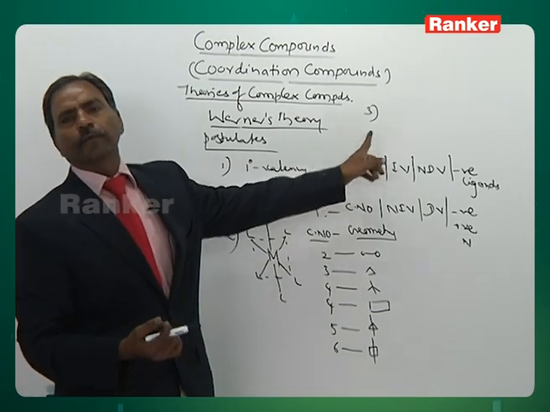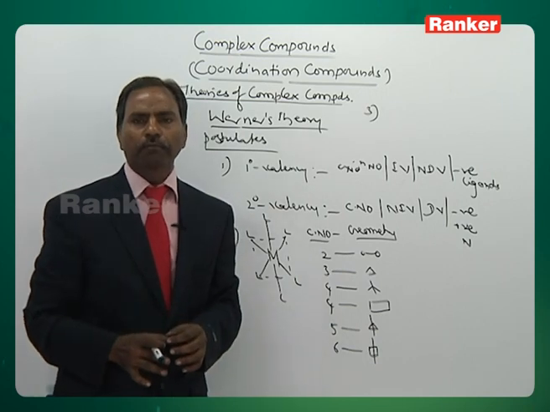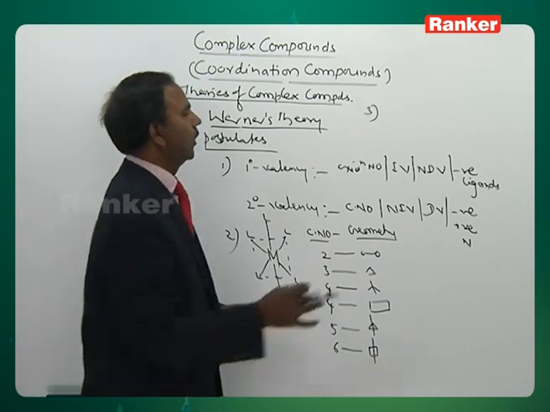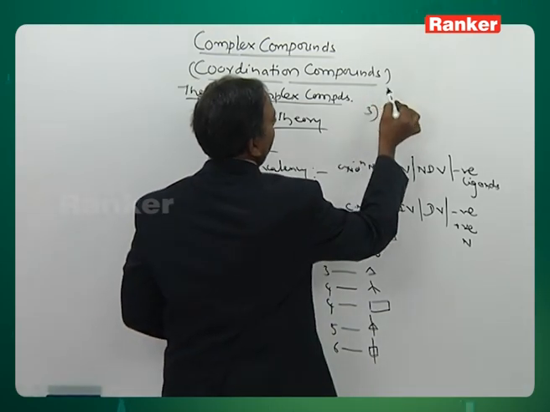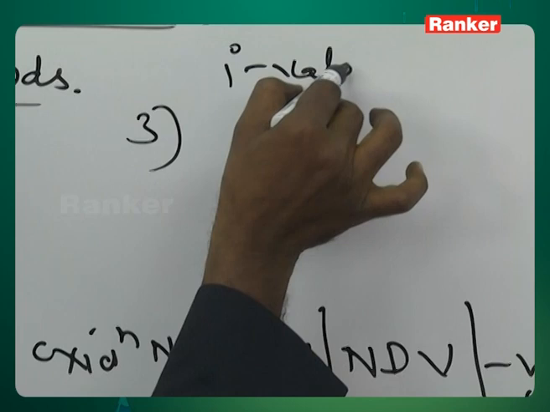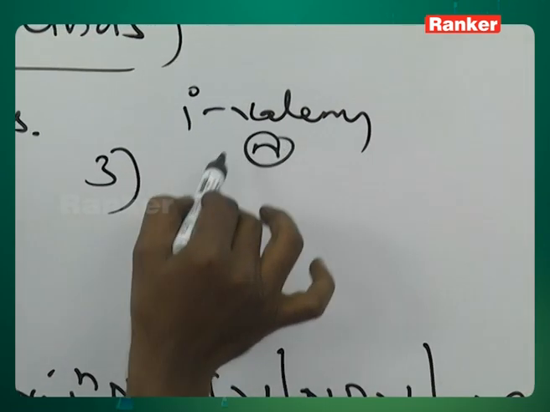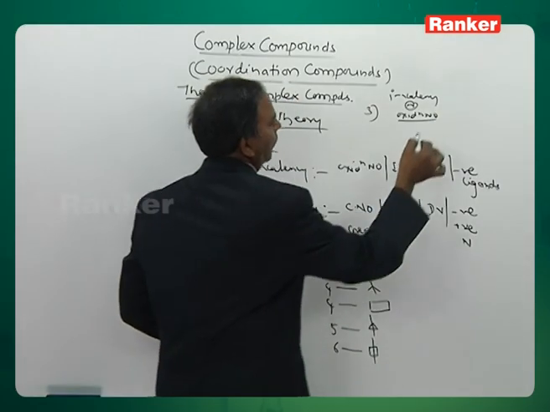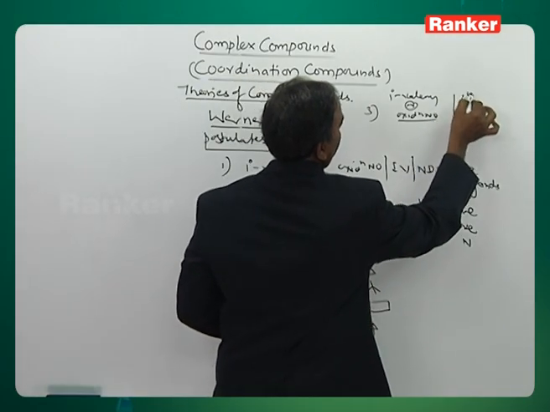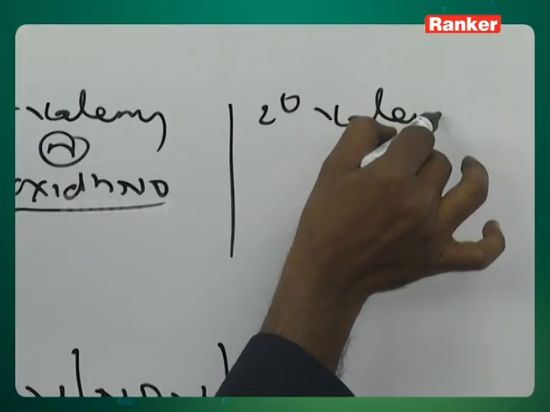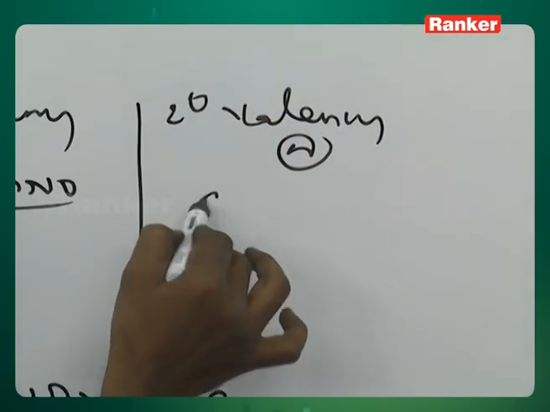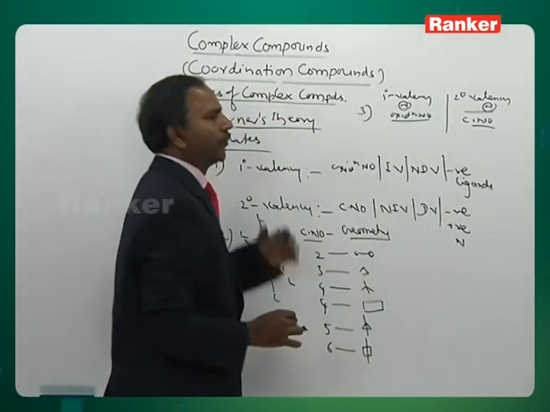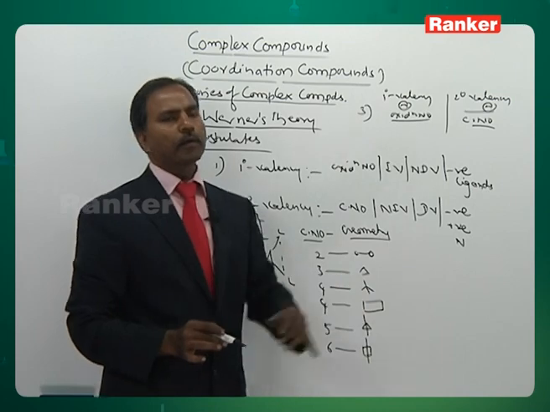So based on the primary valency of the metal ion, there will be a fixed secondary valency or coordination number.